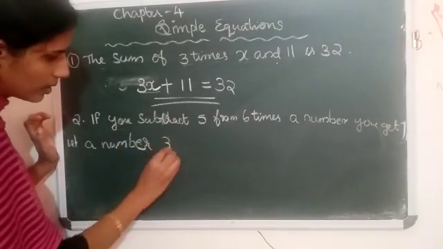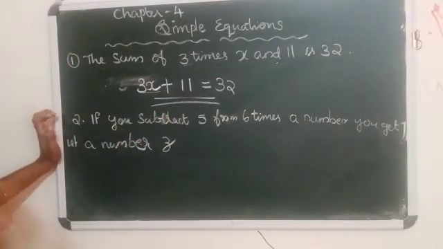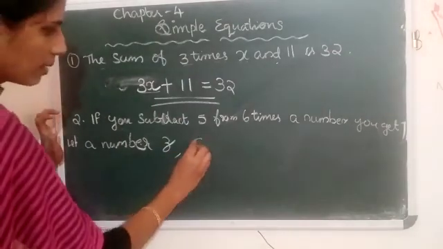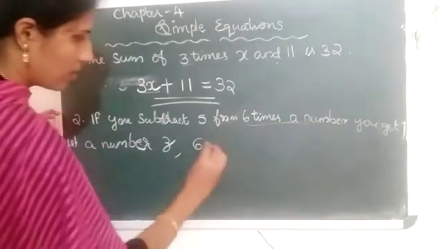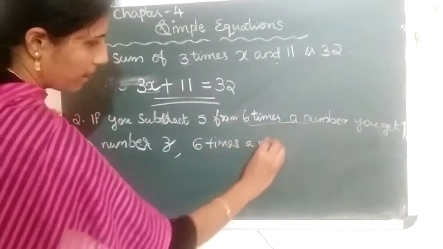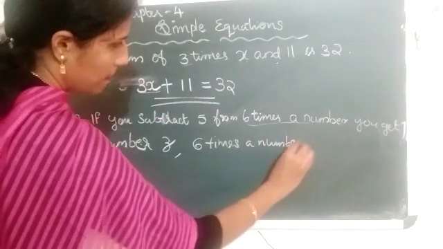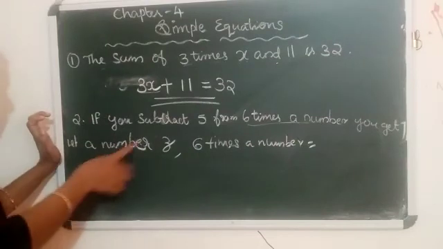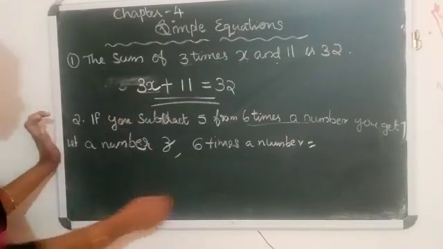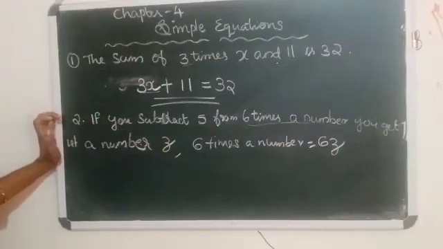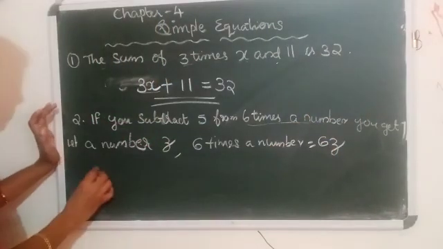I am going to take Z. You can take any variable. 6 times the number, where the number is Z, is 6Z.